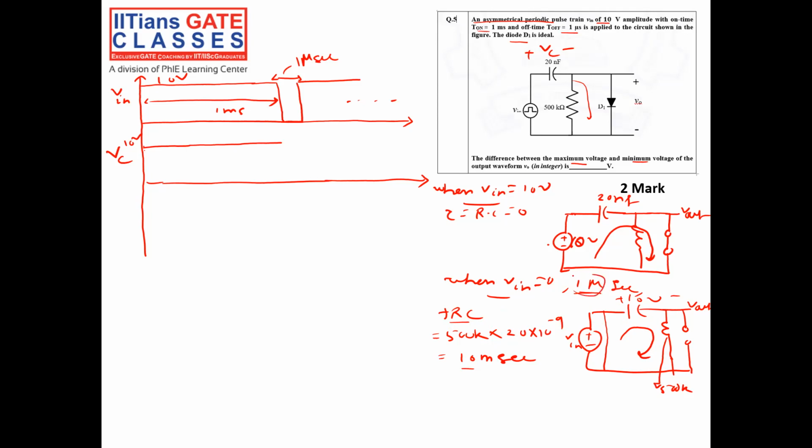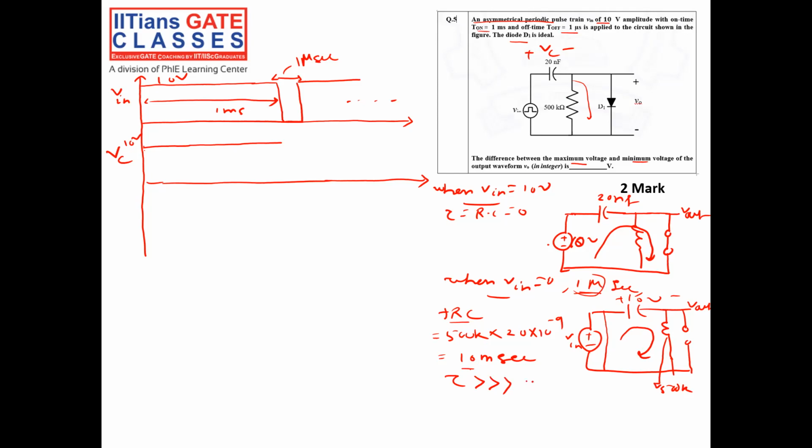I need 10 millisecond for discharging, but I am applying 0 volt only for 1 microsecond. So my time constant tau is far greater than my discharge time.